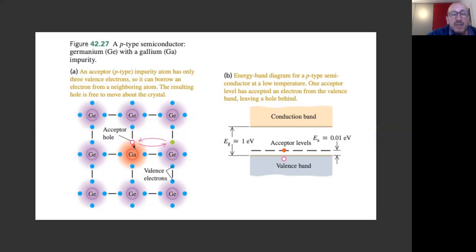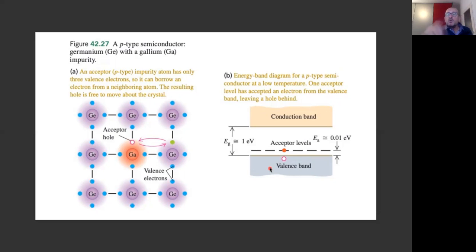So this here is an acceptor level. There's an electron missing here, and it wants to accept an electron. It gets it from the next neighboring atom, making a jump. But where was this electron before? It was in the valence band. And so now we have a hole in the valence band due to this acceptor level.